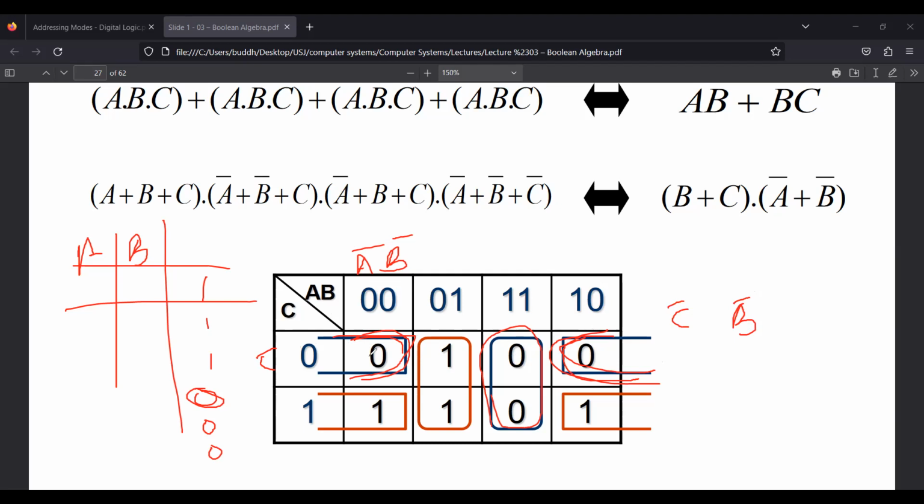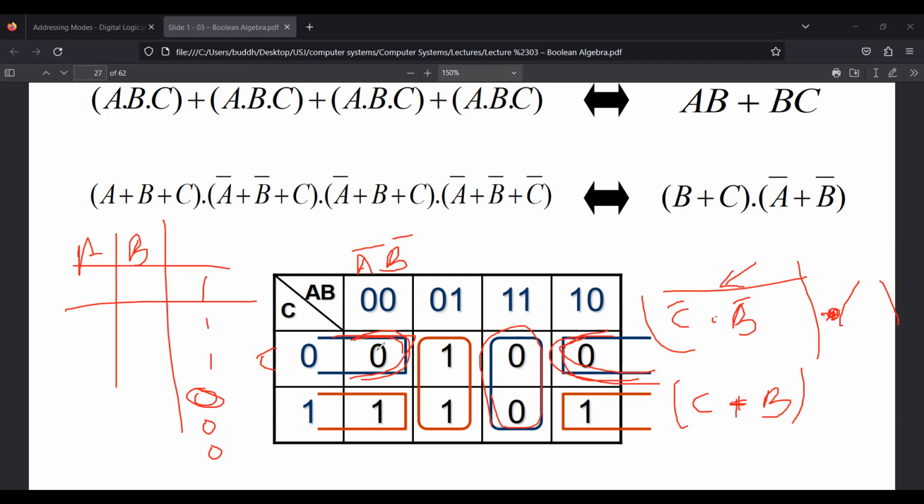But since it is 0, that means that this is the answer. And since it is 0, we need to put the product or AND gate as well for the next answer. Since this is NOT gate, we can use De Morgan's law. So it is C plus B, right? So without using this step, you can simply write this answer as well.